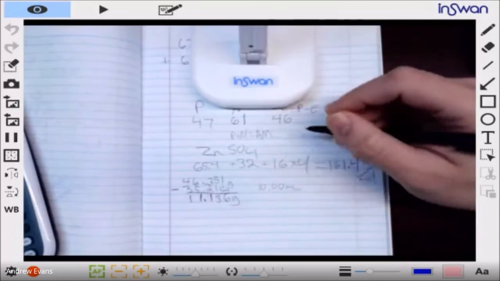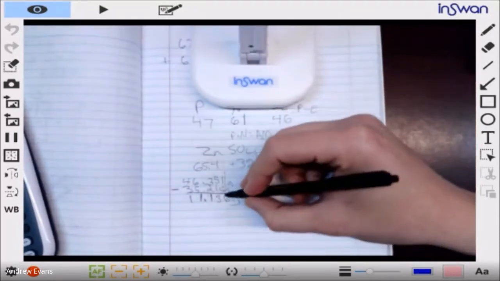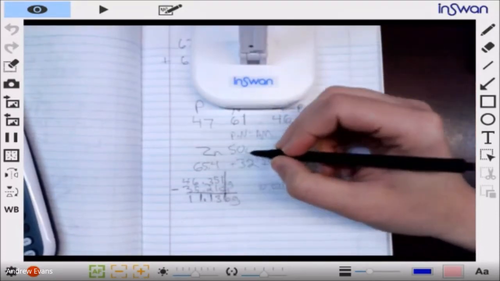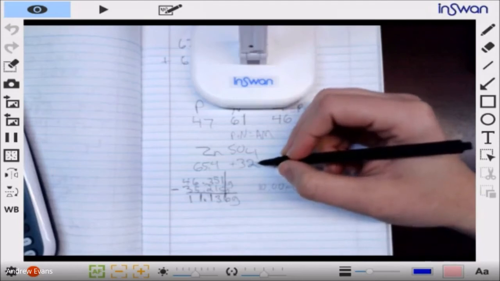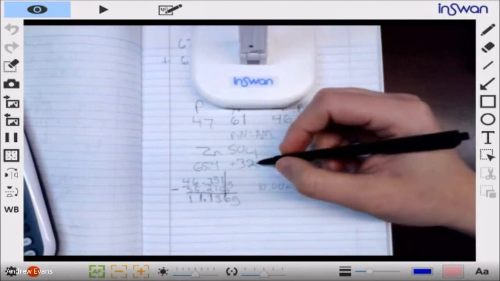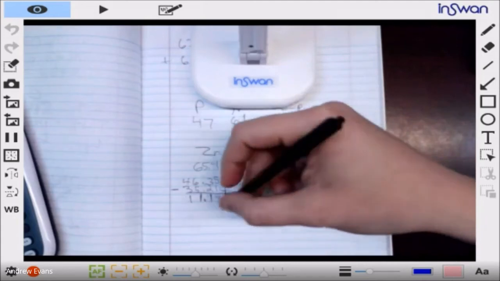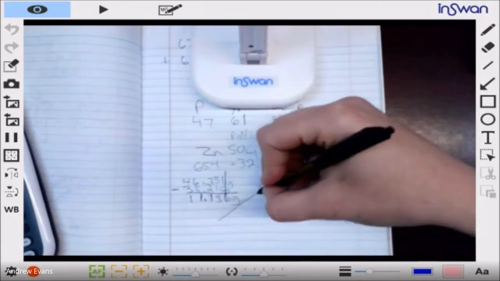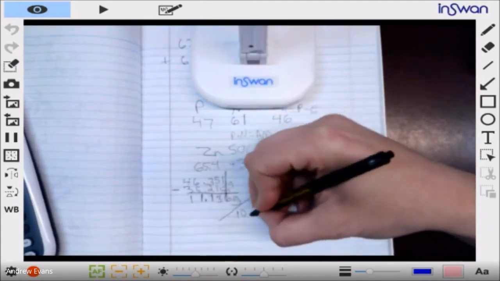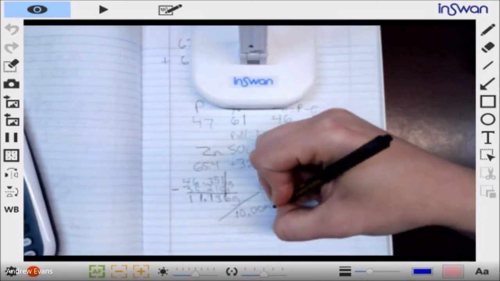I keep all those digits because I'm rounding at the last sig fig when I subtract. Now to get density, I take that mass and I divide by my 10.00 mL.